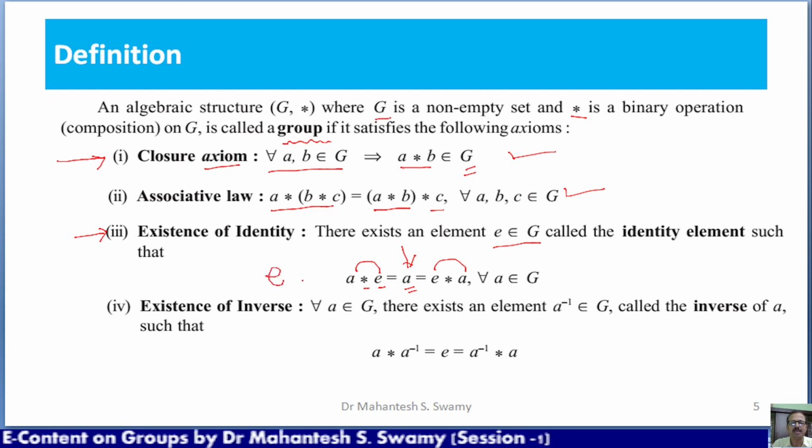Such an element E is called the identity element of G with respect to the given binary operation star. Here star is the general binary operation.